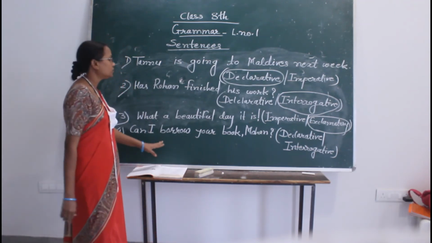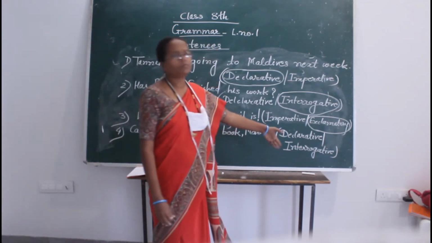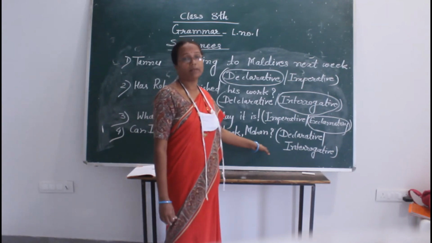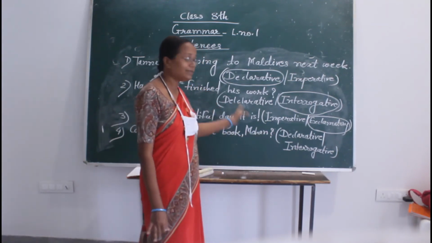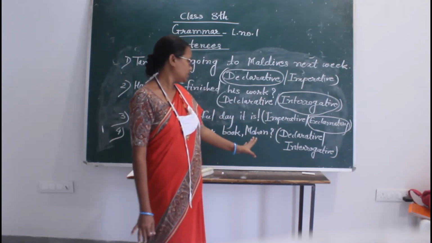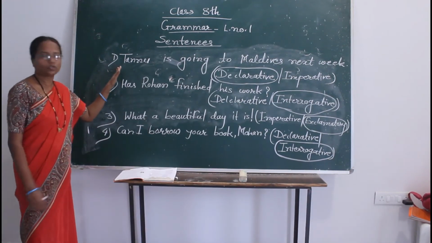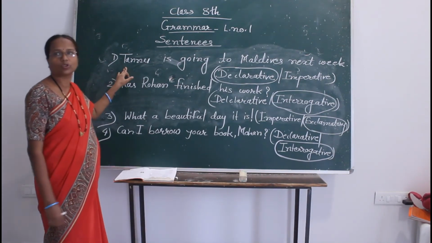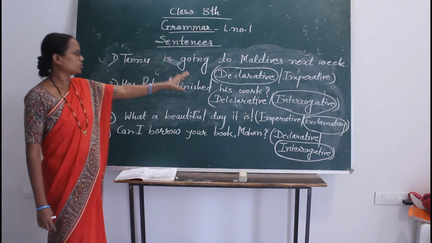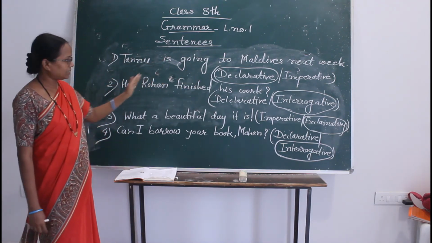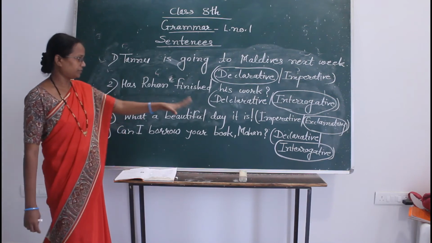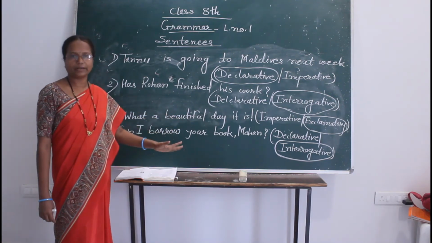Okay, so it is ending at a question mark, and my students are so clever, they will easily understand that this sentence is interrogative. So we have solved exercise A up to question number 4, where the first question is declarative, the second is interrogative, the third is exclamatory, and the fourth is interrogative.